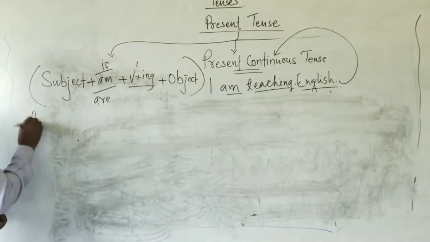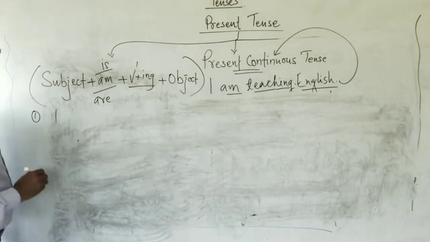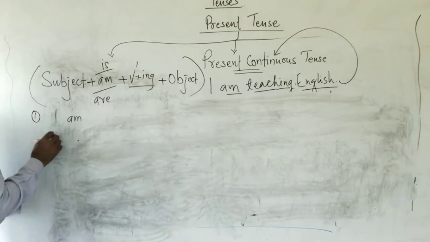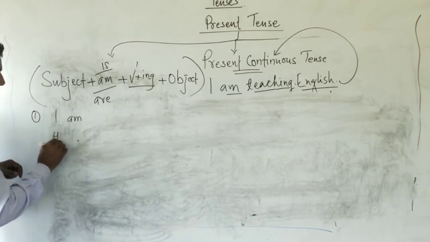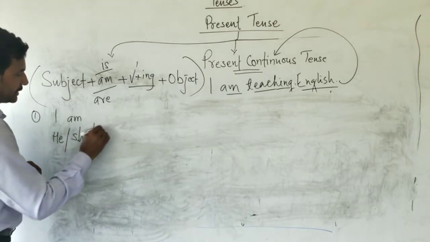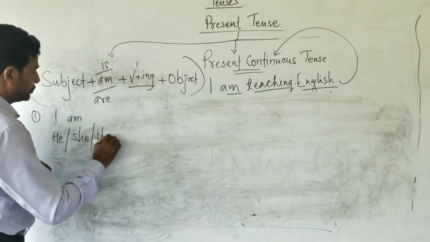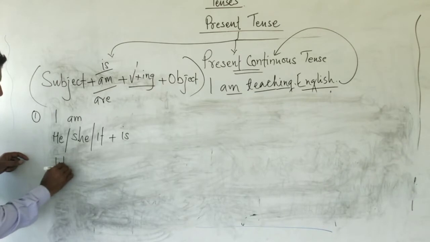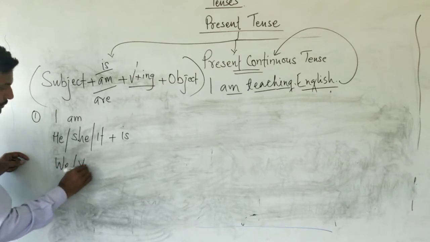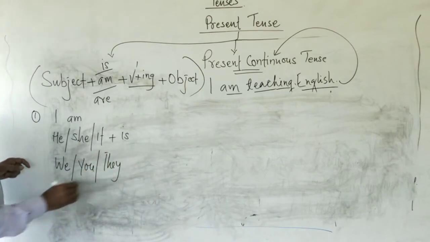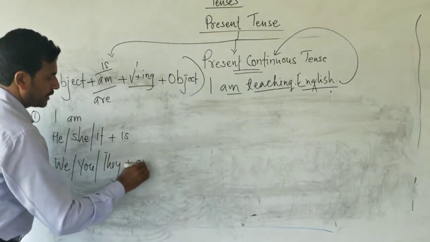One is this. If you have I as subject, you have to use am. If you have he or she or it as subject, you use is. If you have we, you, they, then you have to use are.